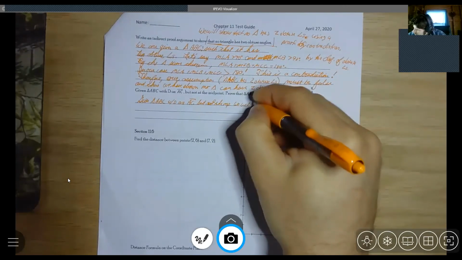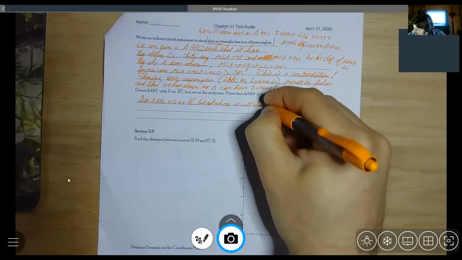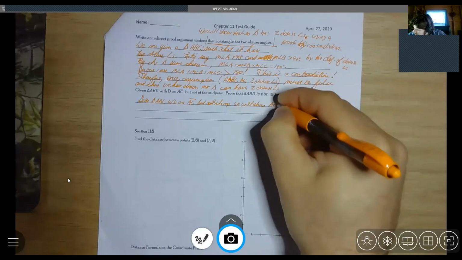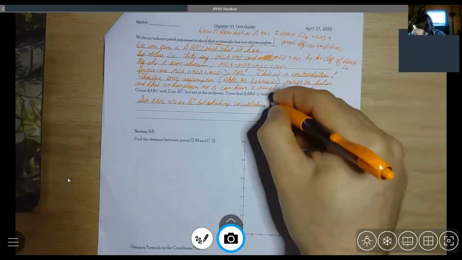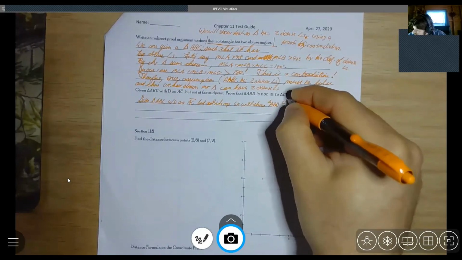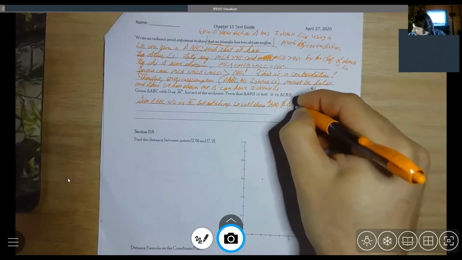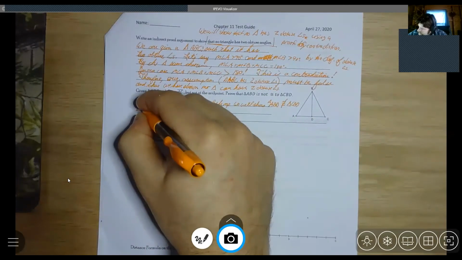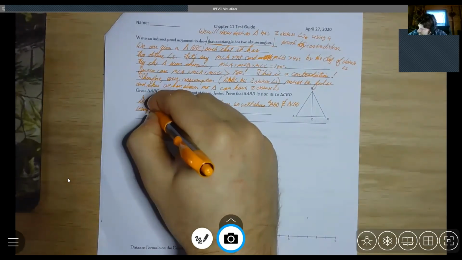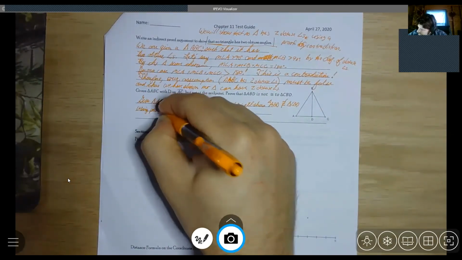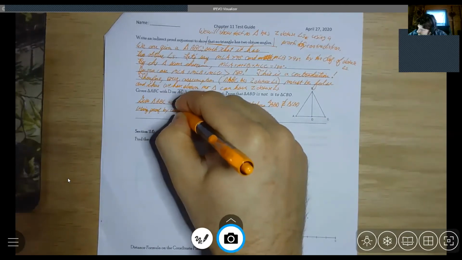We will show triangle ABD is not congruent to triangle CBD using proof by contradiction.